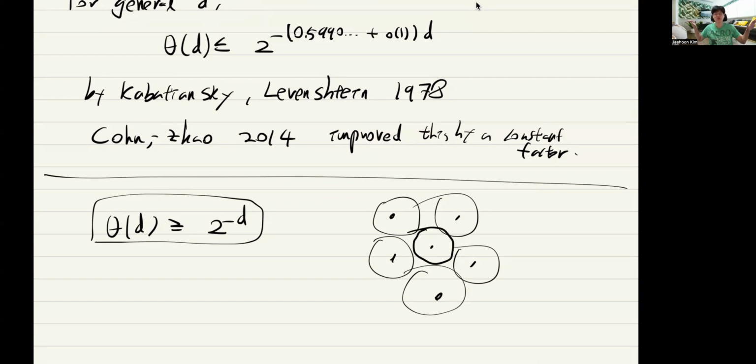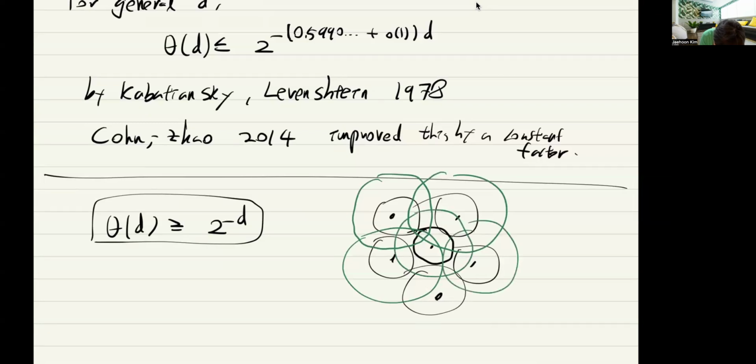You do that until you cannot. Then what happens? Assuming you cannot put anything anymore in this space, you extend your balls to radius 2. So instead of unit balls, you make the radius twice.